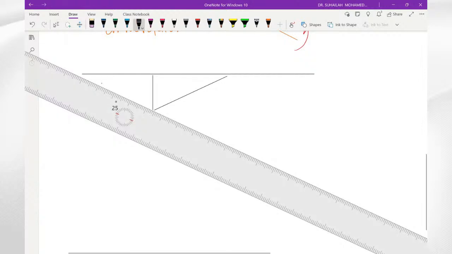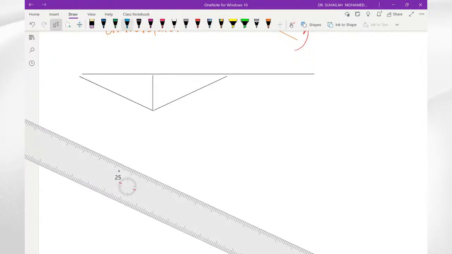So this is A, B, C, D. Let's say this is 4 meter, this is 5 meter, and this is also 5 meter.